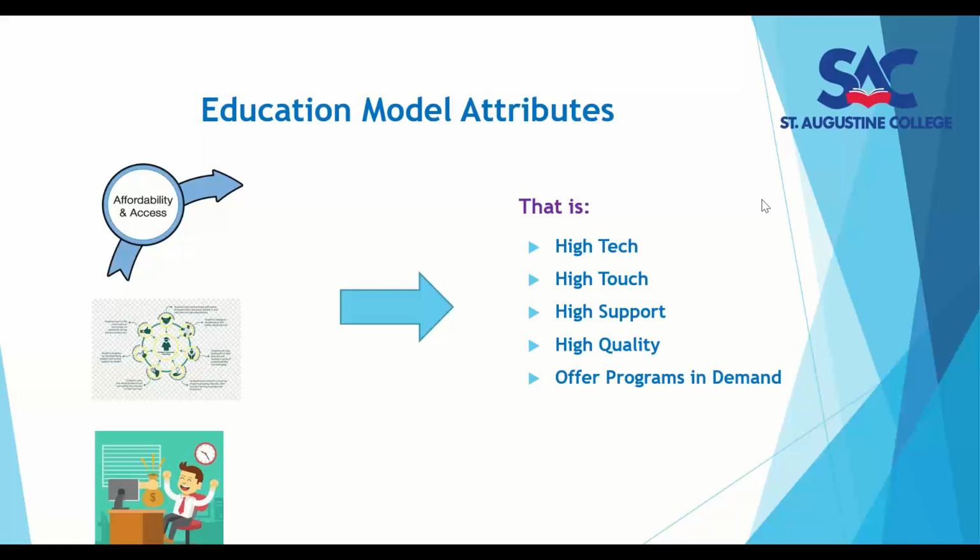And two other things that go without saying are the high quality of education, and for us to offer programs on demand, programs that are in great demand right now, so that our students could be successful. So these were the attributes that motivated our faculty, staff, and administration to think about the type of educational model that should be developed for our students.